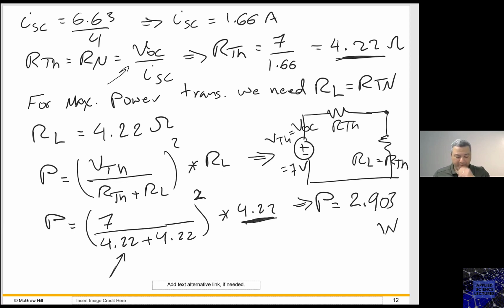Okay, and then we found the power using this equation. V Thevenin 7 divided by 8.44. This is going to be the current squared times the resistance here of the R Thevenin, which is going to give you 2.903 watts. So any other questions before we end the session?